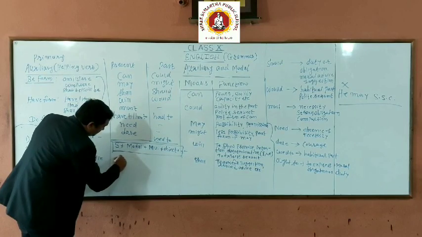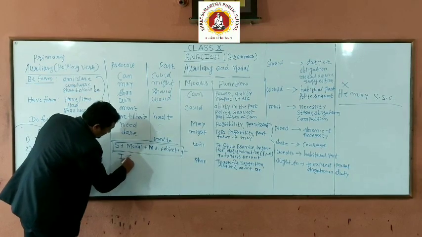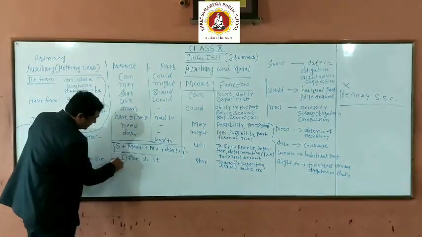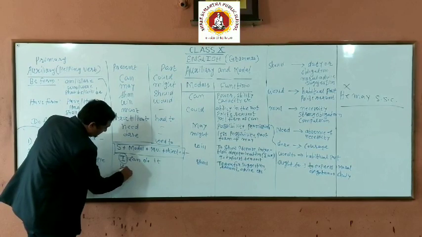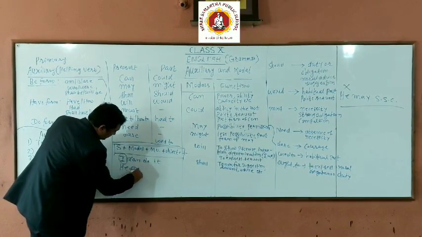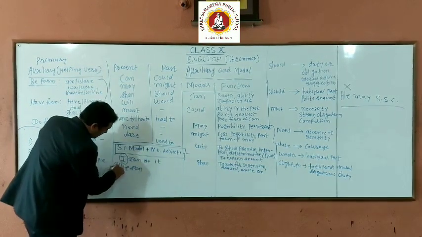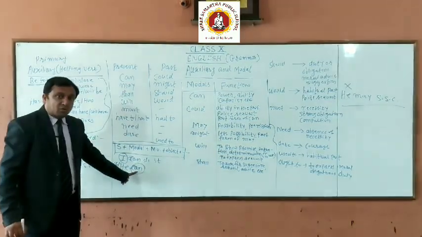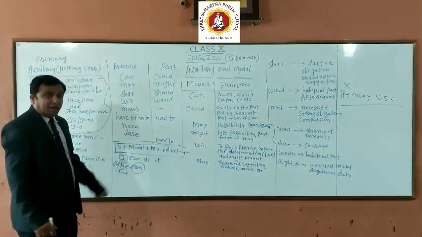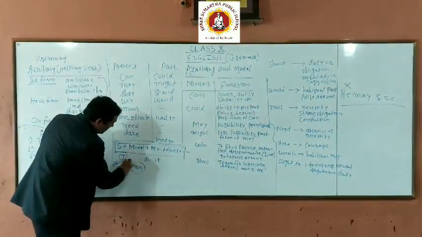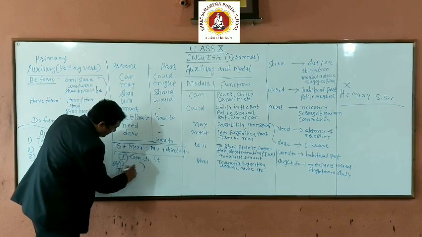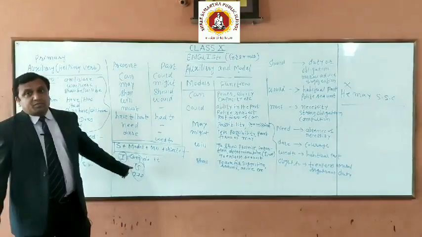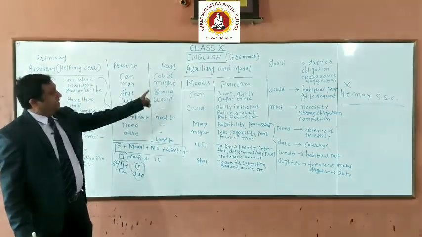Here I write, I can do it. Subject I changes: he, again can; she, again can; they, again can. It remains constant. But when I am taking primary auxiliary verb, so I am, he is, they are. Now it changes. Modals never change.